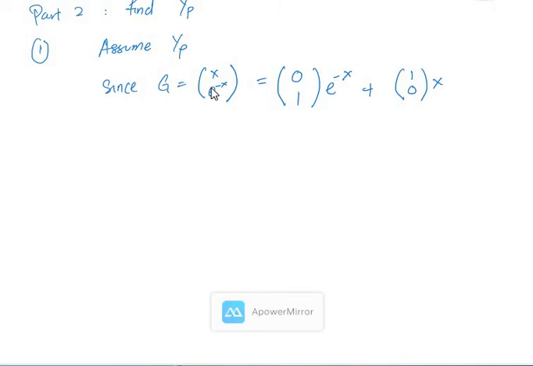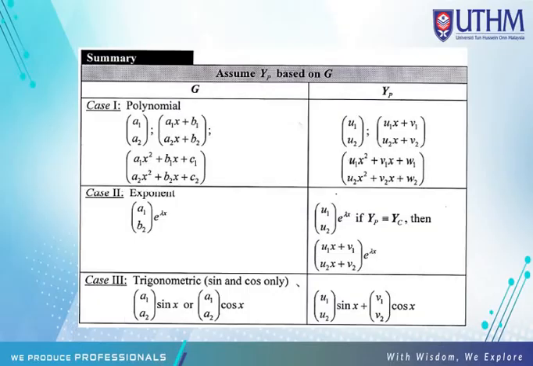Why do I need to do it like this? Because if you look at the table, we need to fulfill the format. We don't have the mixed one, so we need to separate it. So in this case, we can have two cases. First one is the exponent, then plus the polynomial. For the exponent, you have u1, u2 exponent lambda x. And for the polynomial, you have the x.